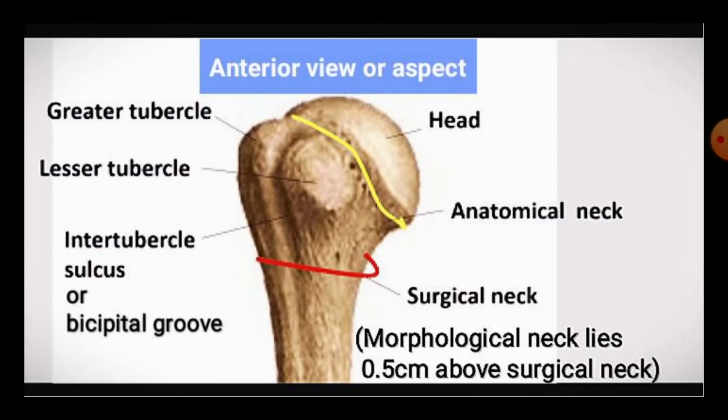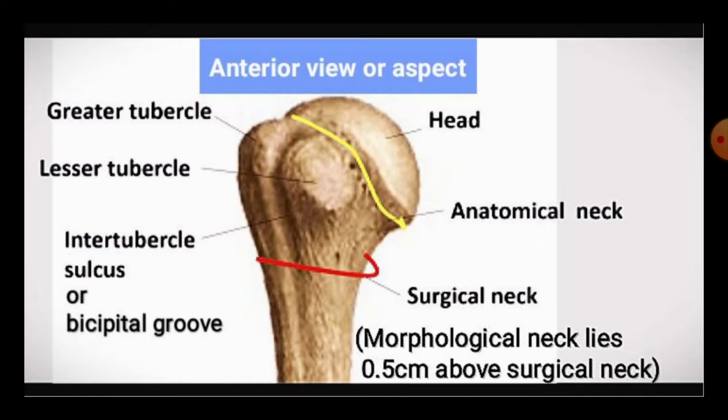Next, the line separating the head from the rest of the upper end is called the anatomical neck. In this slide, the yellow line is the anatomical neck of the humerus. Next, the lesser tubercle is an elevation on the anterior aspect of the upper end.